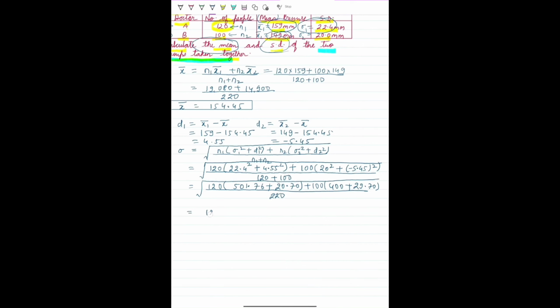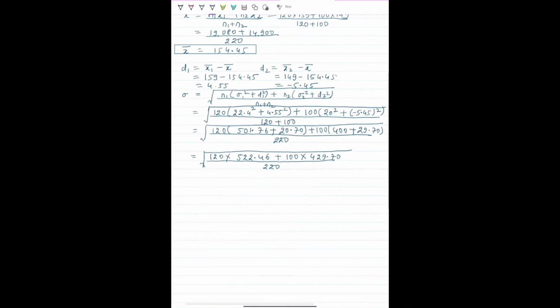Further it becomes 120 multiplied by 522.46 plus 100 multiplied by 429.70, divided by 220 under a square root. So this is 62,695.20 plus 42,970, divided by 220, square root of this.